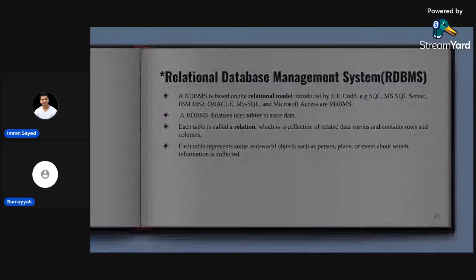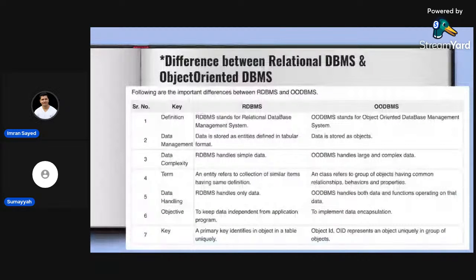Okay. Difference between relational DBMS and object oriented DBMS. In RDBMS, data is stored as entities defined in tabular format. In OODBMS, data is stored as objects. RDBMS handles simple data. OODBMS handles large and complex data. In RDBMS, an entity refers to a collection of similar items having the same definition.